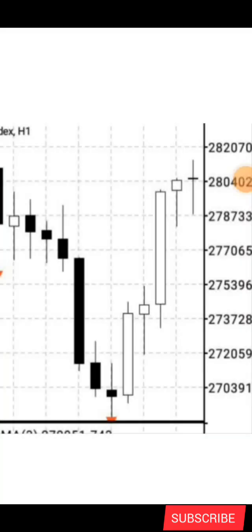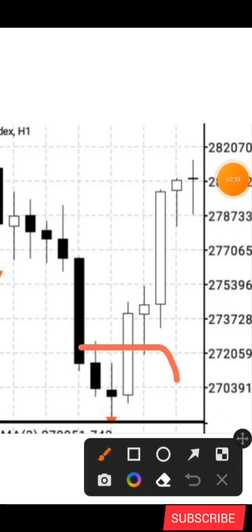This is the first candlestick pattern I look for in the market before taking an entry. We have this candlestick pattern, the spinning top. This is a bearish spinning top candle. You can see I'm using black and white candlesticks here.